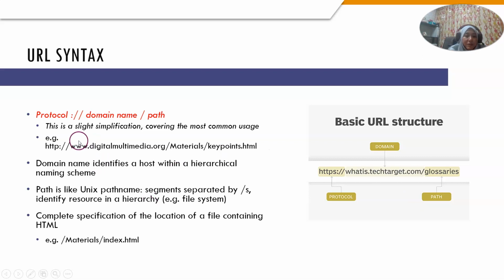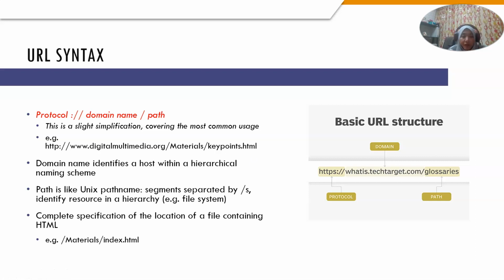For example here, HTTP is the protocol, and then we have www.digitalmultimedia.org, which is the domain. Materials is the path, and then key points HTML is the file that you want to access. In terms of the file format, we have HTML for web design.